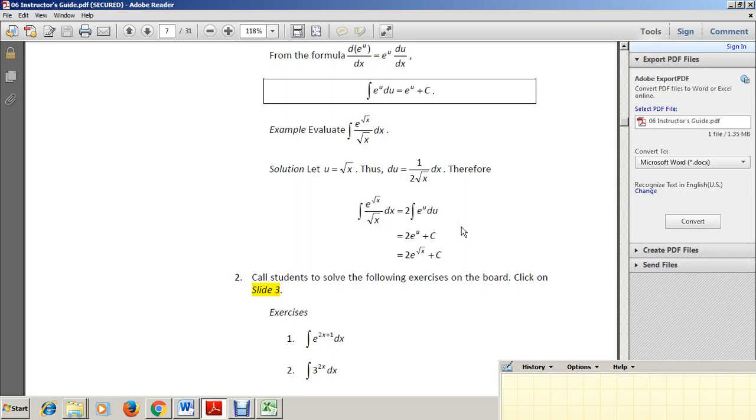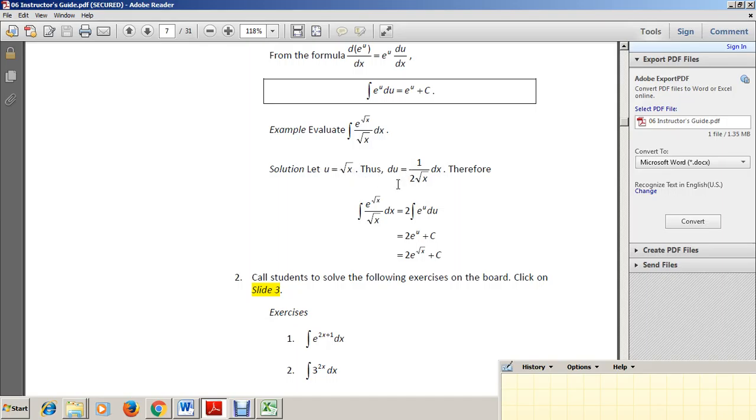You have x having a negative exponent, so you could bring it down to the denominator to get the reciprocal. So you have dx over 2 square root of x. That is what appears here, 1 over 2 square root of x dx. This is actually the derivative of u.